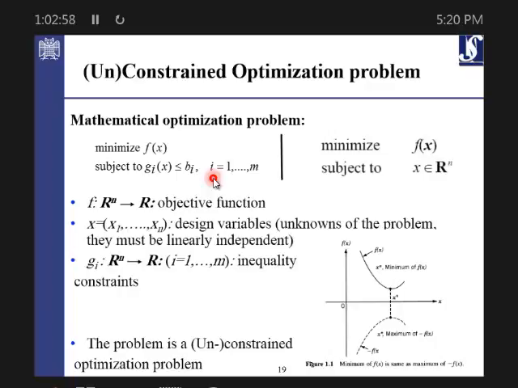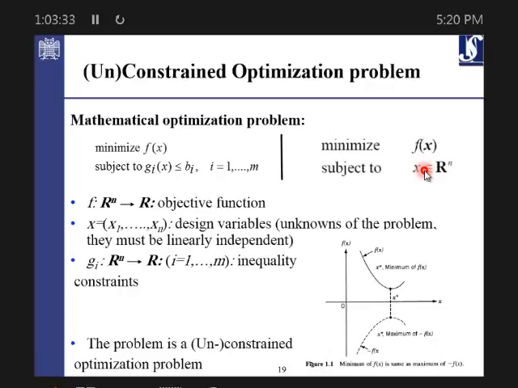And if you say that g_i(x), for some i values, where g may be linear or nonlinear, is less than or equal to a value, that's an inequality condition. So you're specifying the domain of search for the optimum solution by these constraints. In the unconstrained case, you don't care about the domain. The domain is just whatever x can take.